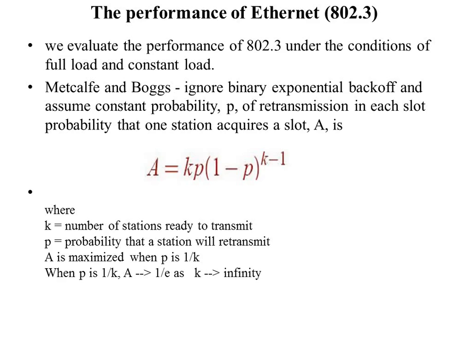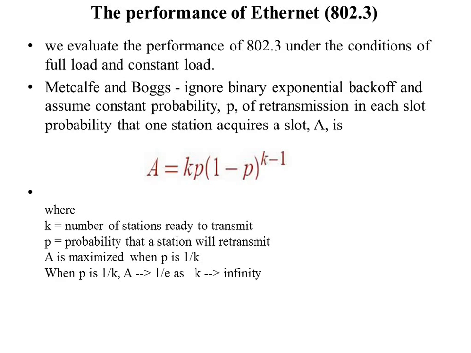For that purpose they ignored the binary exponential backoff algorithm and they considered that only probability P will be utilized for retransmission, and it is considered that the station A acquires a slot.